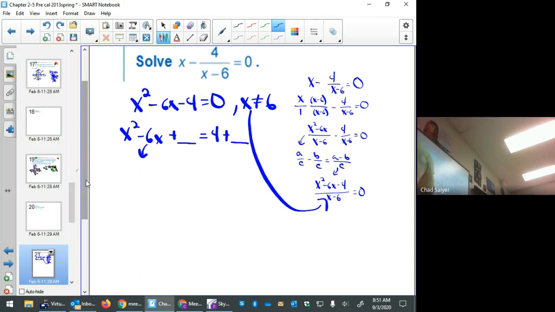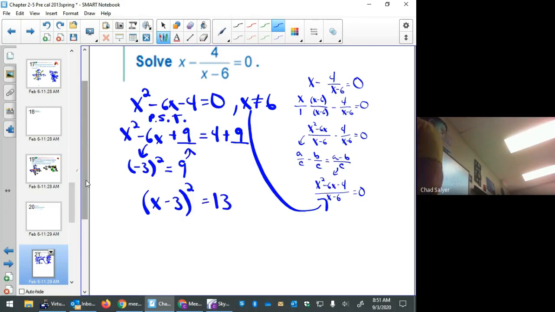In order to complete the square, I take 1/2 of the linear term, and I square it, and then I'll add that to both sides. That creates a perfect square trinomial, a squared minus 2ab plus b squared. So I can factor that into a minus b squared. Like so.